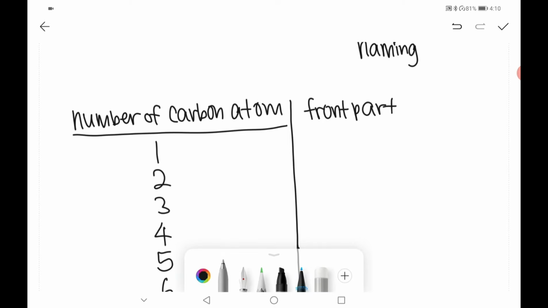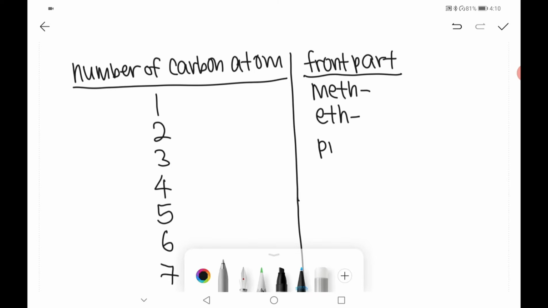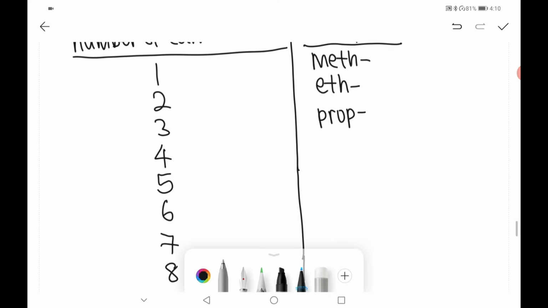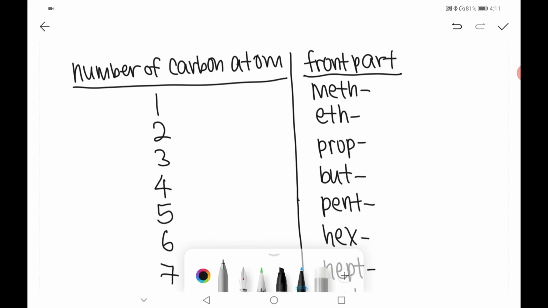If we have 1 carbon, the name must start with meth, M-E-T-H. 2 carbon, the name must start with eth. 3 carbon, the name must start with prop, P-R-O-P. 4 carbon, the name must start with but. 5 carbon, the name starts with P-E-N-T, pent. 6 carbon, the name will start with hex. 7 carbon, hept. And 8 carbon will start with oct. This is the front part that you need to know.